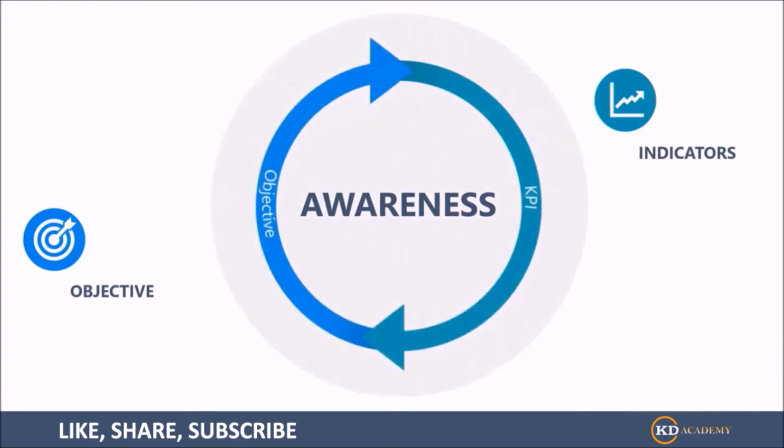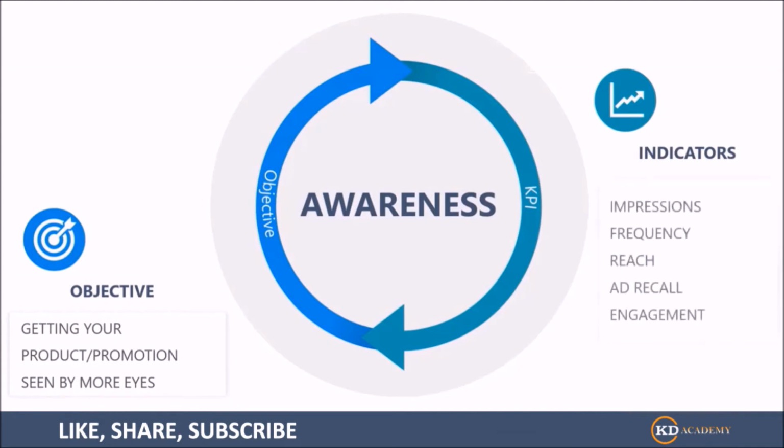Then we have awareness. And I know awareness and branding are very closely linked, but in this case, I'm referring to getting your product or promotion seen by more eyes. So let's just say you've already established a brand, but now you're wanting to create awareness for a new product or service.